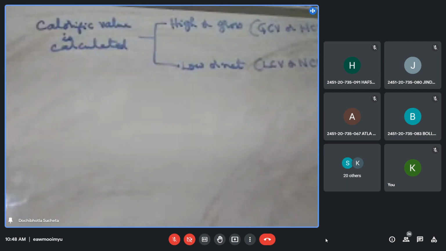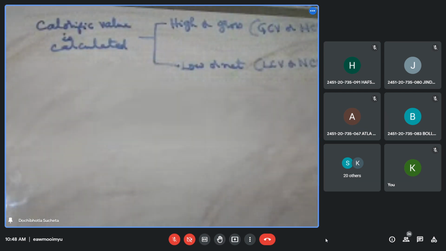Now, low or net calorific value. It is just the heat energy evolved when a unit mass of fuel is burned. This is done in an open vessel, and the moisture that comes out during the combustion process will leave into the atmosphere.